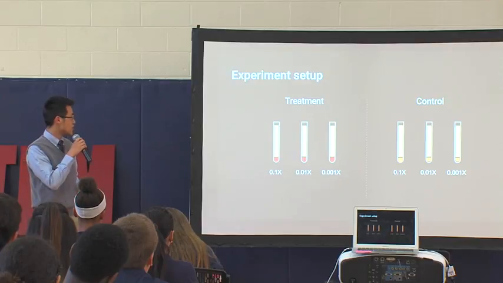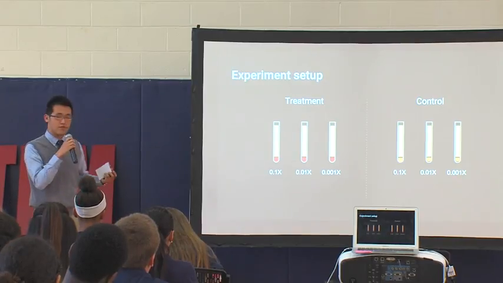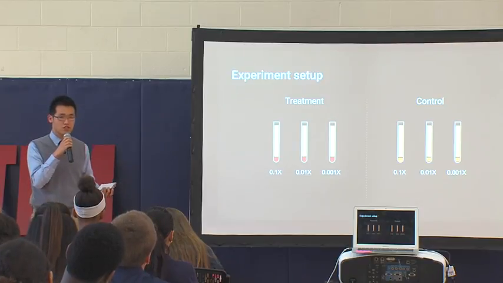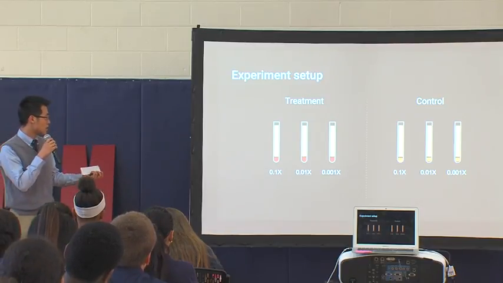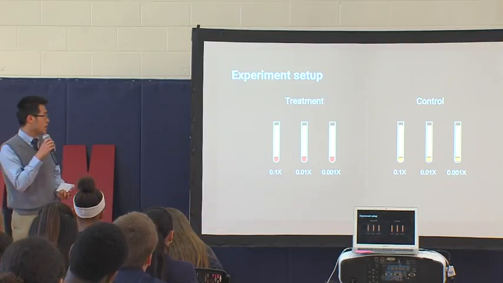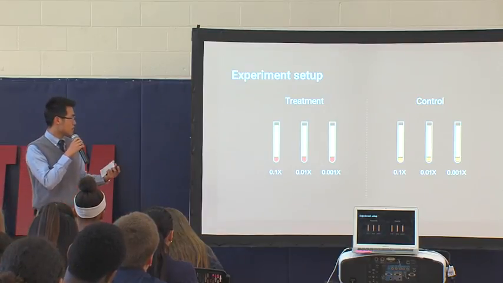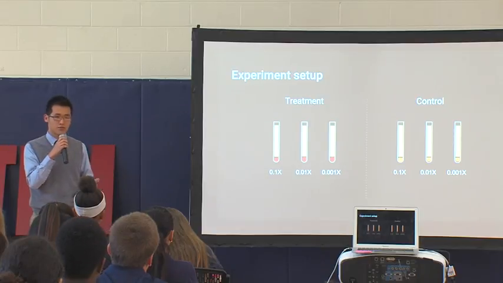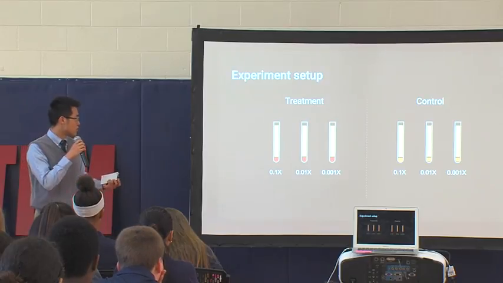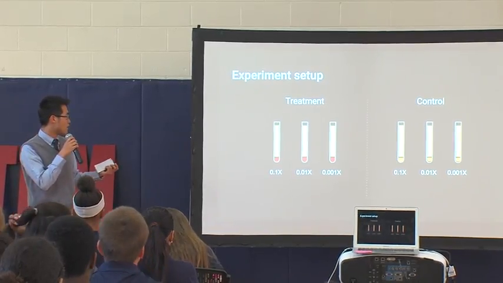So essentially, I applied each alternative fungicide at three different concentration levels, 10%, 1%, and 0.1%, to saturated yeast cultures. And since this is a controlled experiment, there is a treatment group as well as a control group.